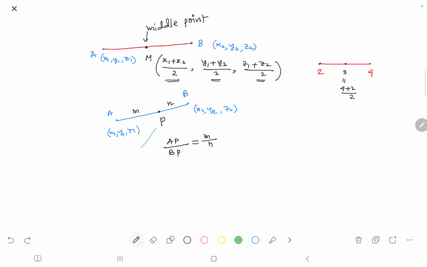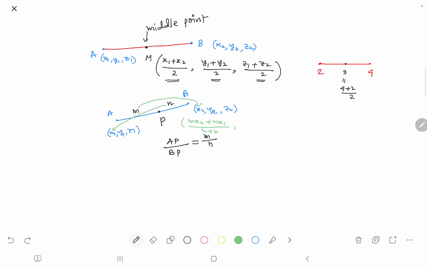Let me write it down here. First we write the X coordinate: M times X2 plus N times X1, divided by M plus N, comma. So M we multiply with X2 and N we multiply with X1.